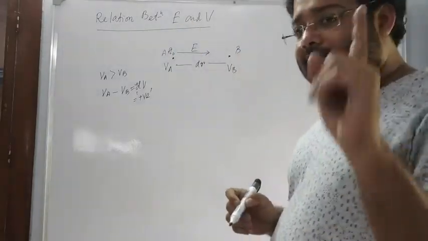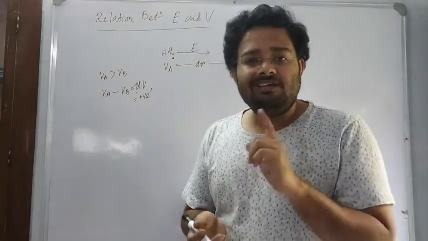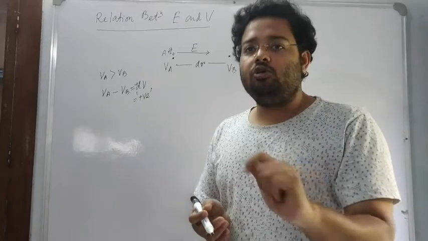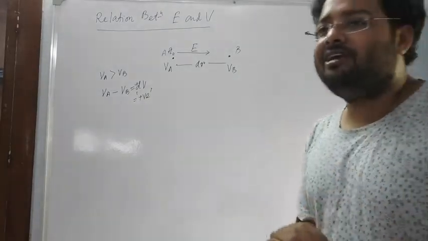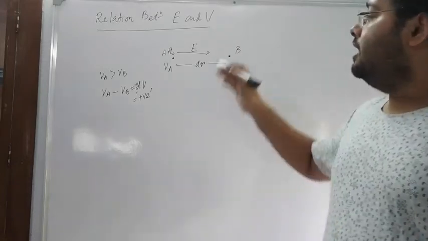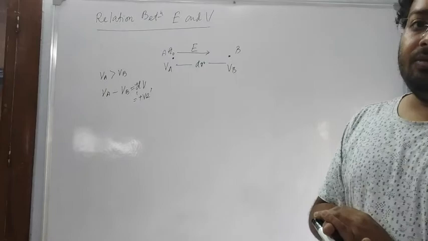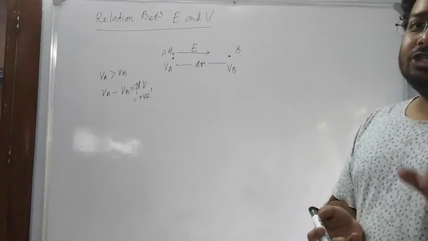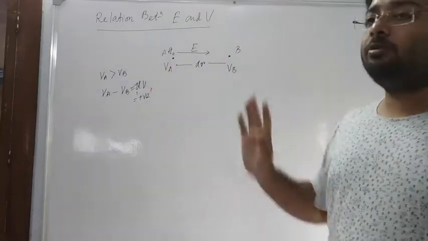Positive charge moves in the direction of electric field, and therefore positive charge on its own, if you don't force it to behave otherwise, will move from higher potential to lower potential, whereas negative charge on its own will move from lower potential to higher potential.